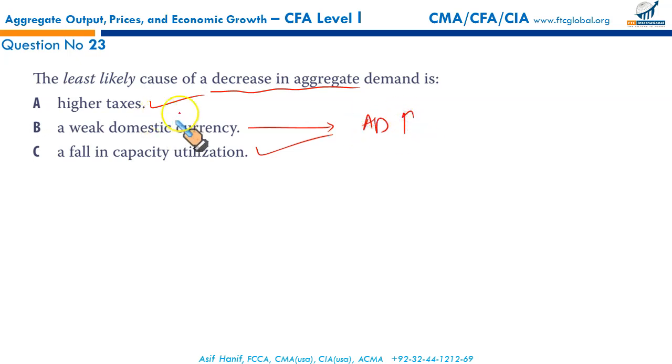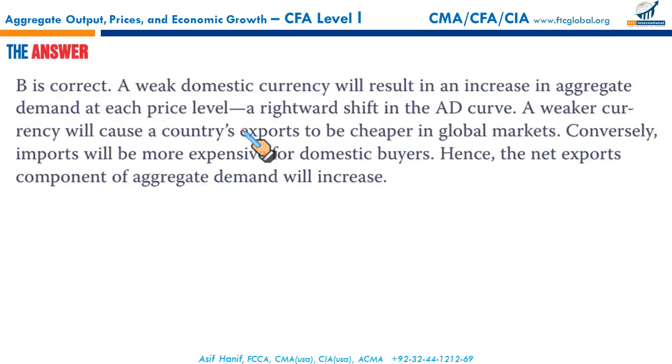So this is in fact a cause of increase in aggregate demand, and hence the least likely cause of decrease in demand. Your exports would be cheaper in the global markets and your imports will be more expensive for domestic buyers, so the net exports component of your aggregate demand will increase. Moving on, that makes B the correct option.